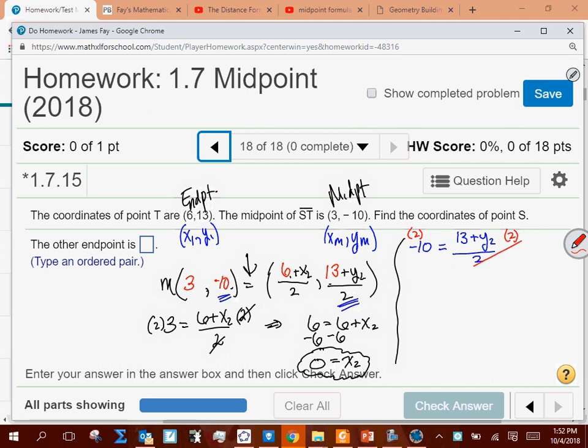So they cancel over here. So give me negative 20 on the left equals 13 plus y sub 2, right? Subtract 13 from both sides. And there's my y value of my other endpoint. So I get 0 as the x-coordinate, negative 33 as the y-coordinate, and that is my other endpoint.